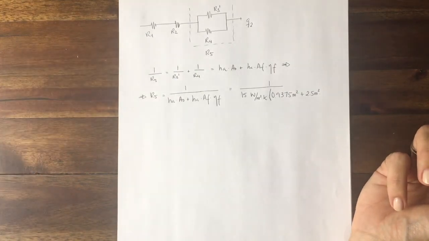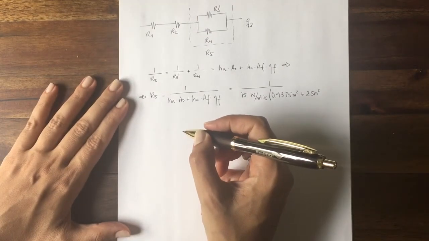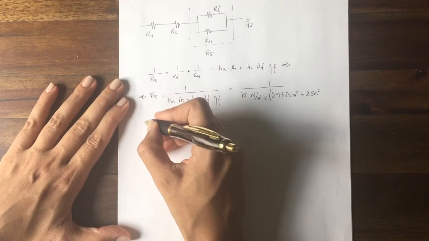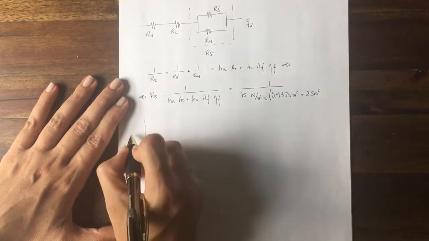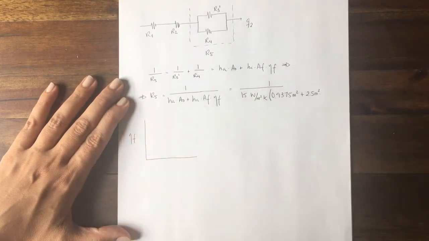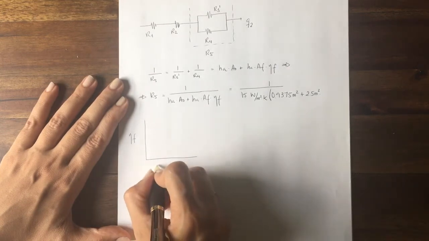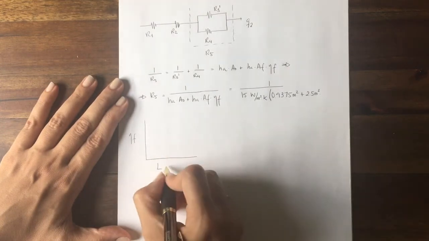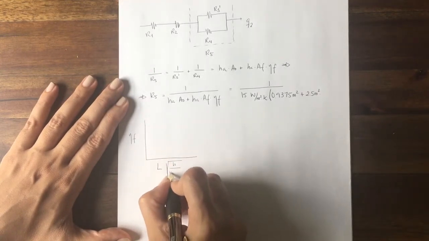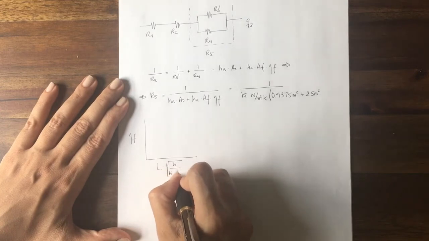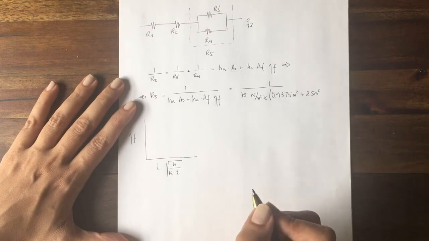In order to calculate the efficiency, we are going to be using this graphical method that we saw during the presentations. We have something like a graph like this one, when we have on the y-axis the efficiency and on the x-axis a parameter which is equal to the length of the fin times the square root of h over the thermal conductivity times half of the thickness of the fin.